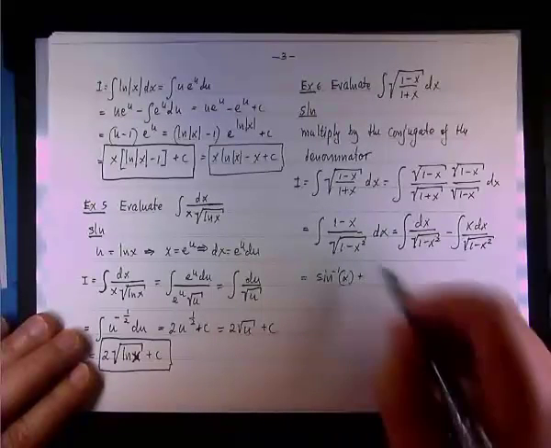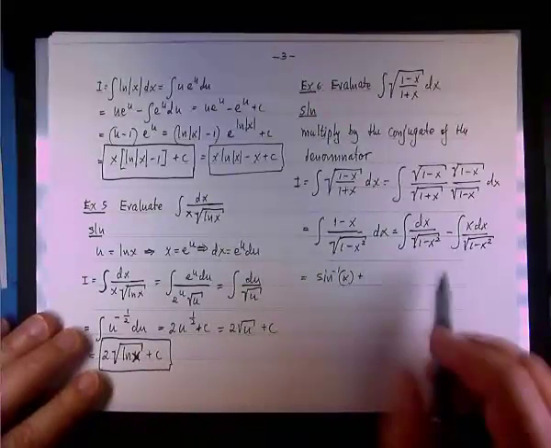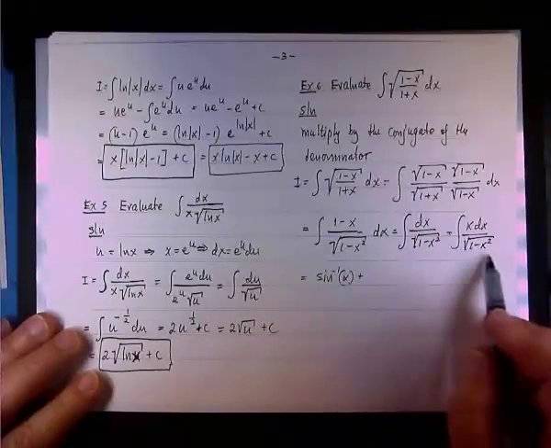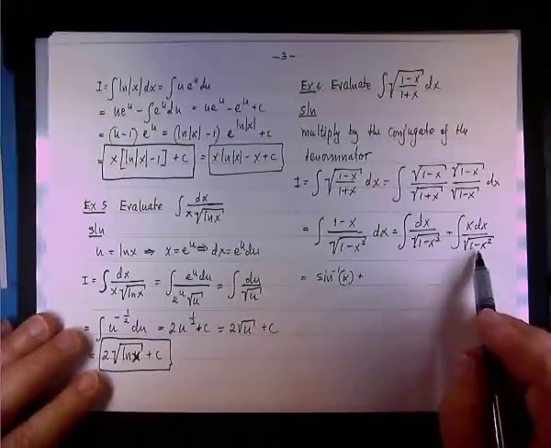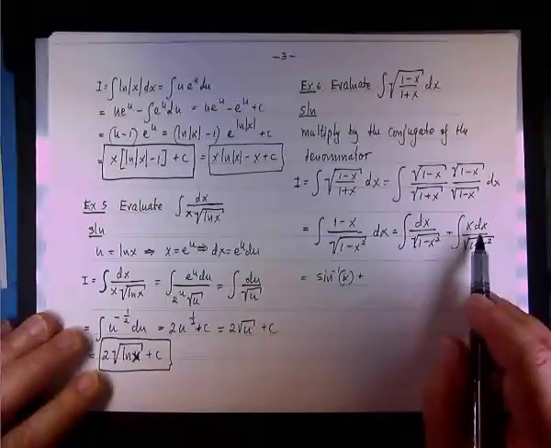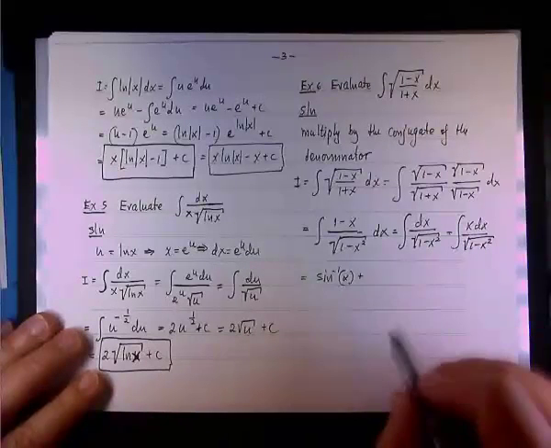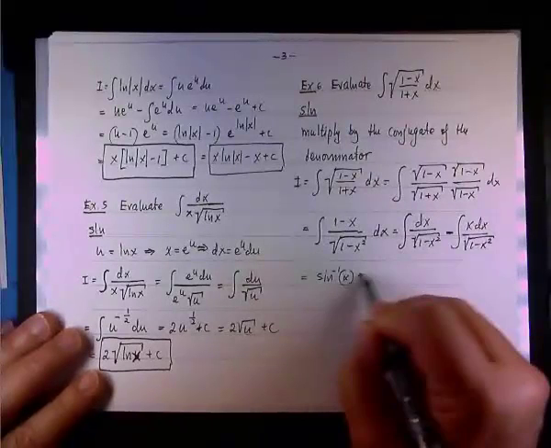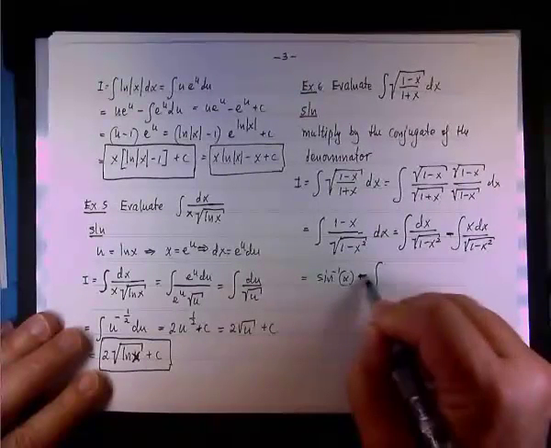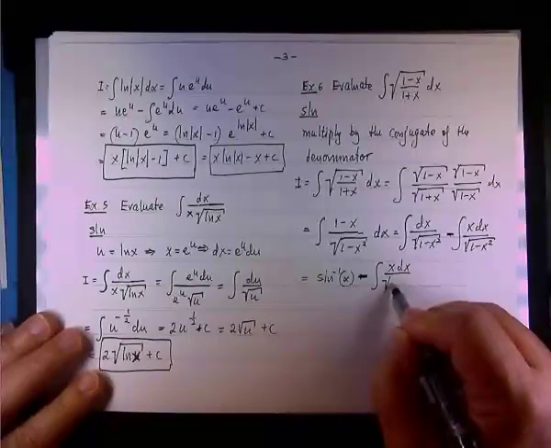We end up having the following. We're going to have the inverse sine of x, and then actually we're going to end up having a positive, because we have negative here. Let me see.